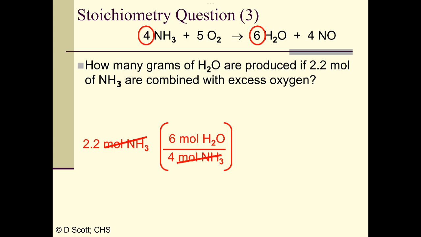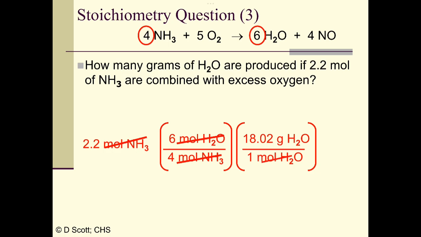Since we're looking for the grams, what we're going to do here is get the molar mass of water. So for us to be able to get the grams of water, we'll cancel out the unit of moles of water with 1 mole of water, like this. And then we're going to multiply it by 18.02 grams.